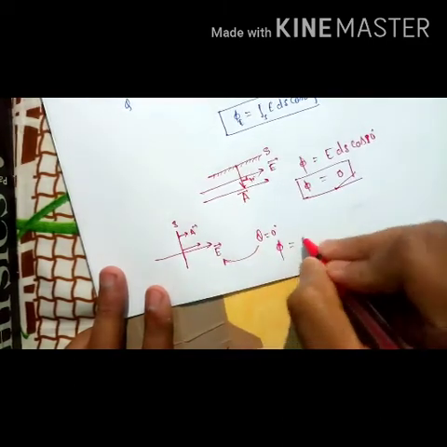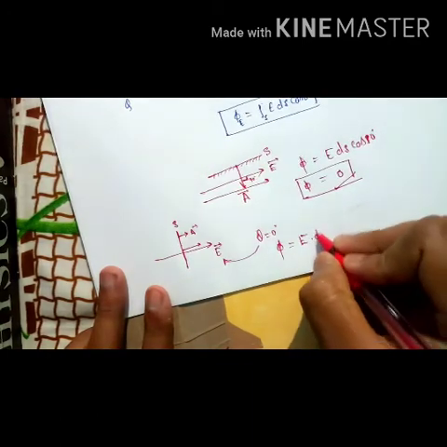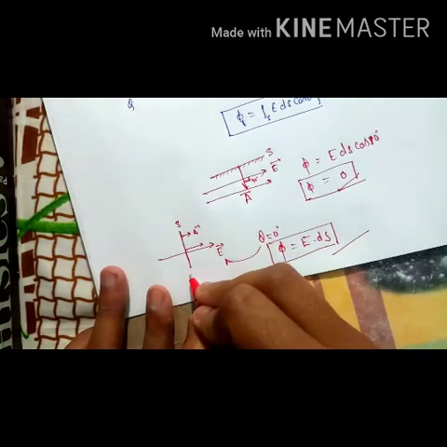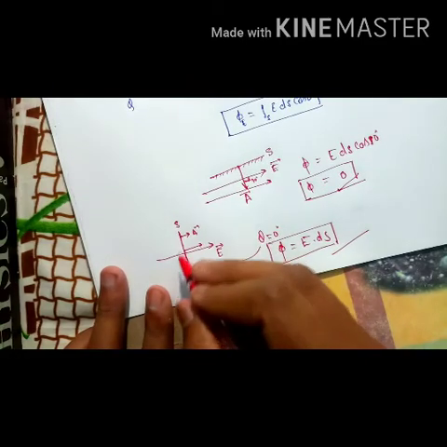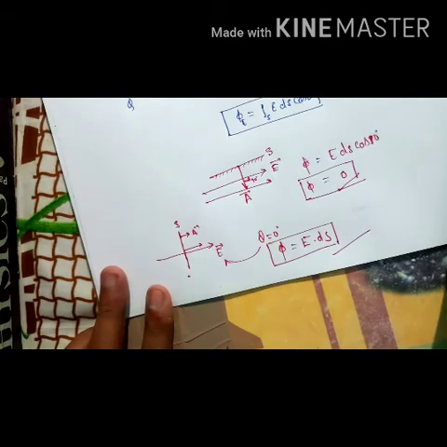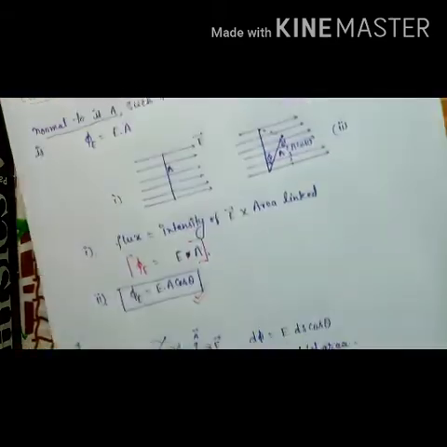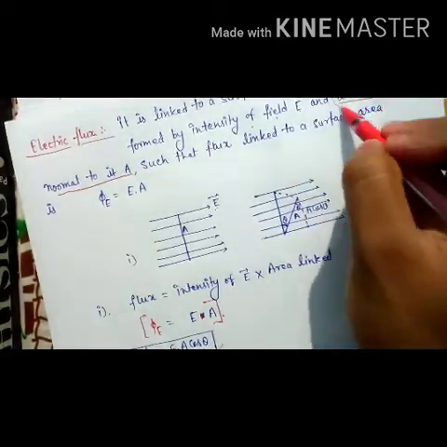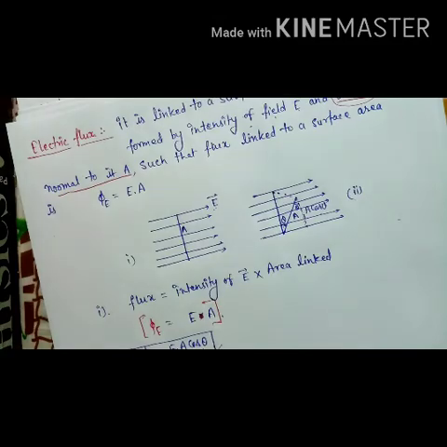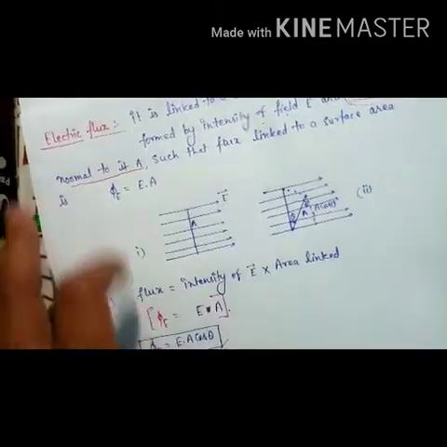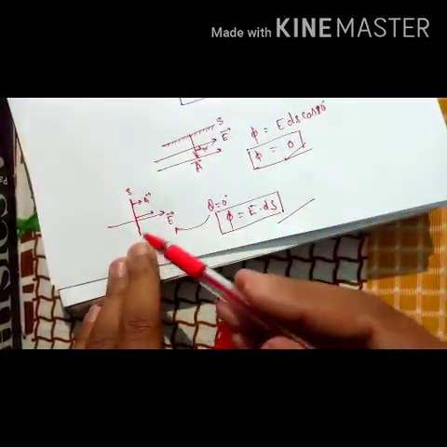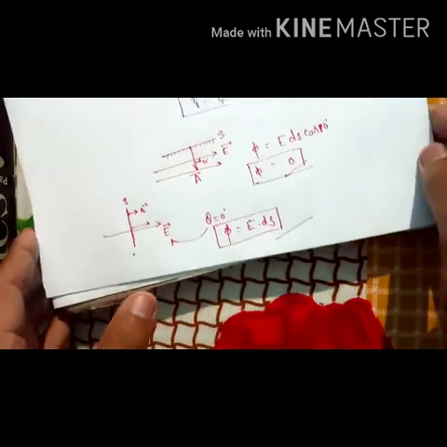So we have phi is equal to E dot dS. This is the flux linked with the surface whenever the surface is normal to the electric field. That is why area normal to it, A, is important. So this is the electric flux.